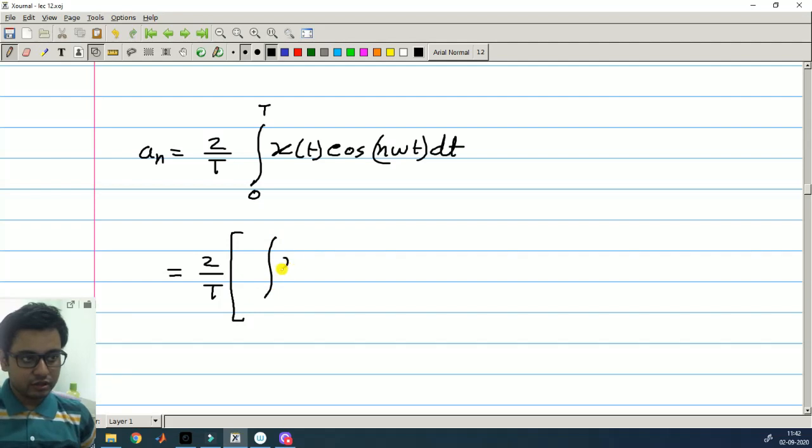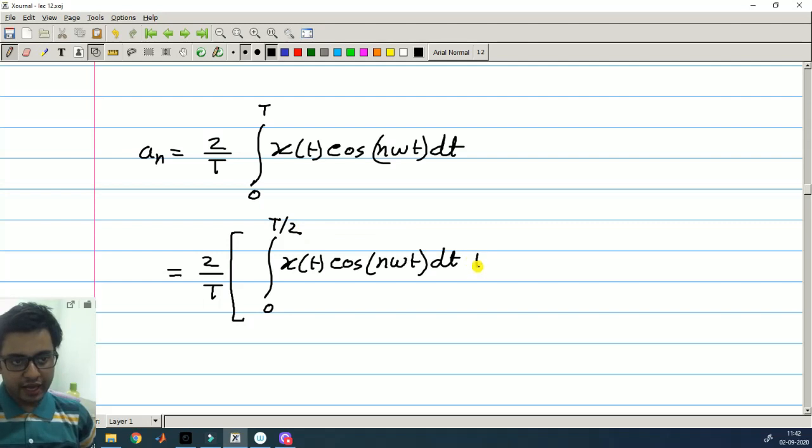Integration of x(t) cosine n omega t dt from 0 to T over 2, and then from T over 2 to T, x(t) cosine n omega t dt.